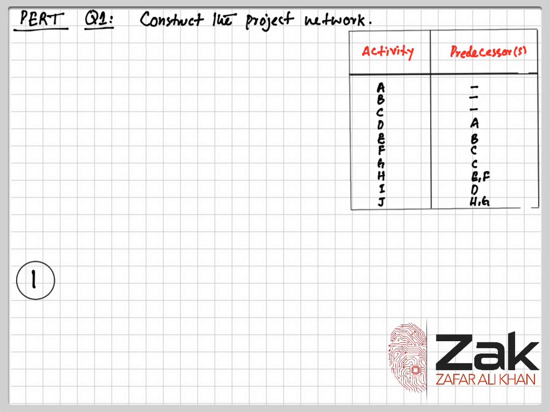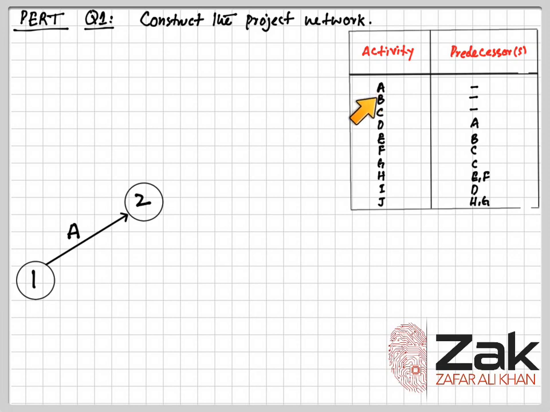So this is first node that is showing the start of activity A, and this is another node which is showing the end of activity A, and over this arrow we will put the name of the activity.